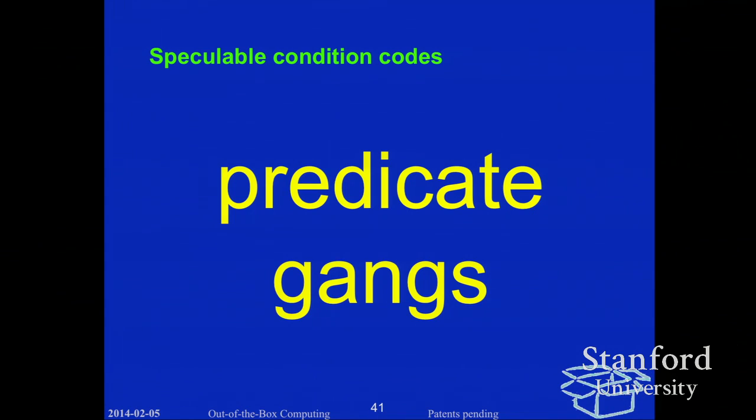Now, ganging, as I said, is used for any time you need more than 2 inputs, but it actually has other uses as well, and I'm going to touch on one of those, which we call predicate gangs. Let me introduce you to the bane of CPU design. It's called a condition code. Condition codes are side effect byproducts of ALU operations where bits are set, typically in the program status word, that indicate whether the add you just did had a result that was 0, greater than 0, less than 0, had a carry coming out of it, overflowed, or what have you.